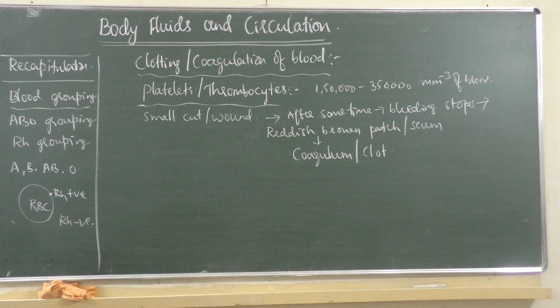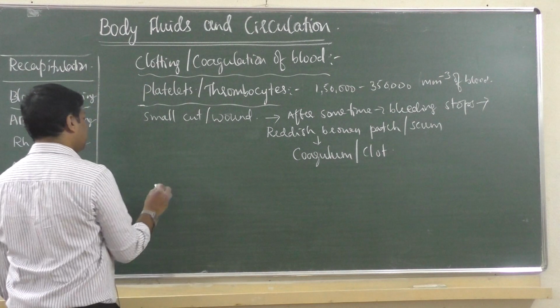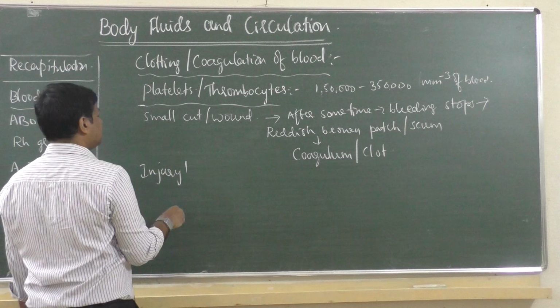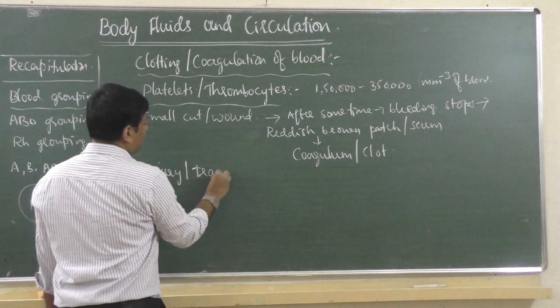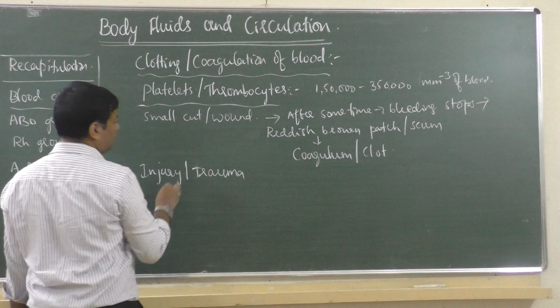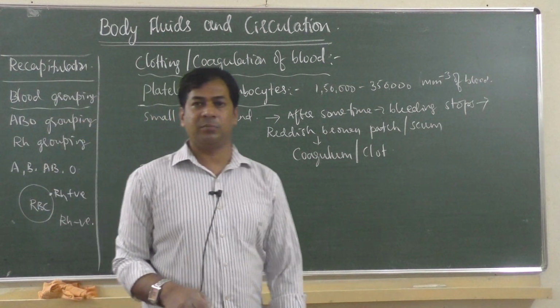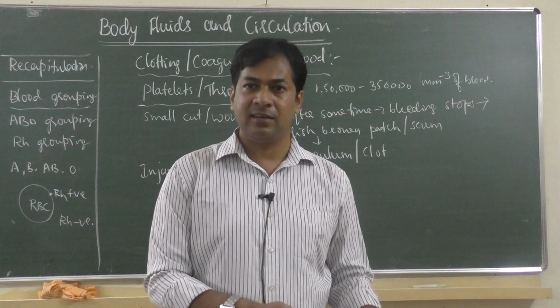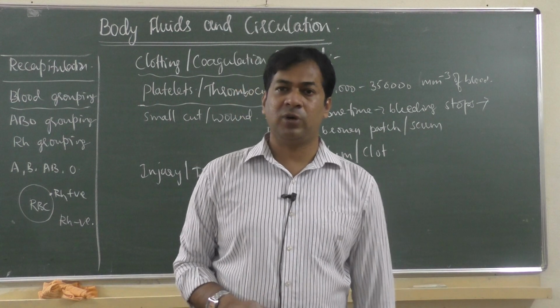Injury or trauma stimulates platelets in the blood to release many factors. One by one we will learn. Suppose suddenly some injury happened, suppose I fell here and bleeding started. At that time, what happens?